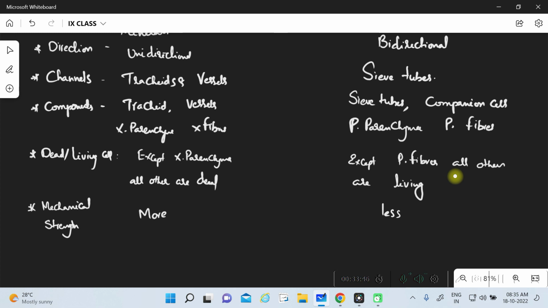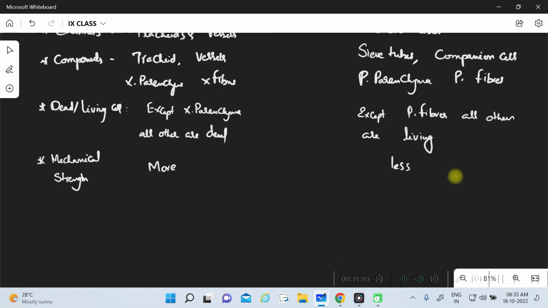So this ends the differences between the xylem tissue and phloem, and with this we have completed the plant tissue part. I will give you today just an introduction and classification of the animal tissues, and I will stop today's online class.